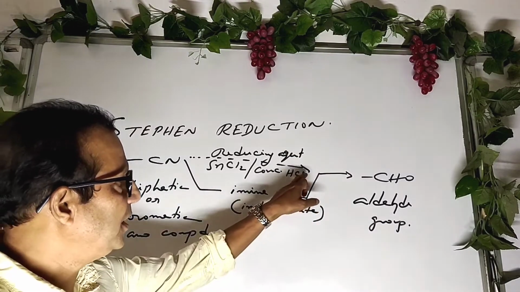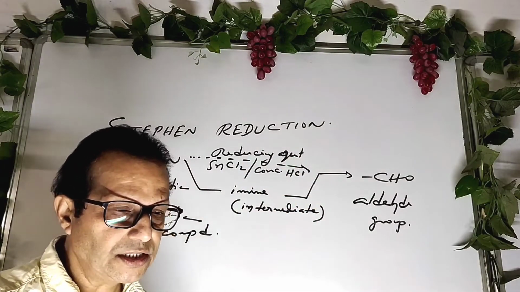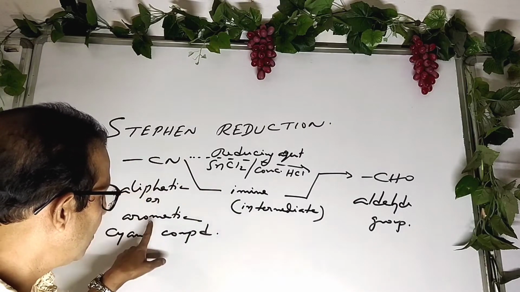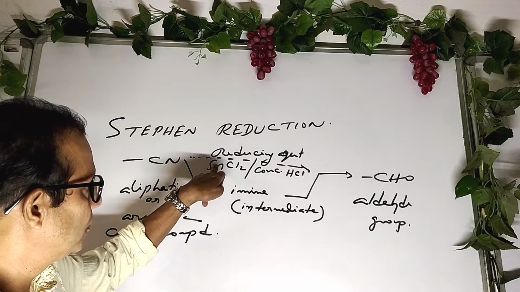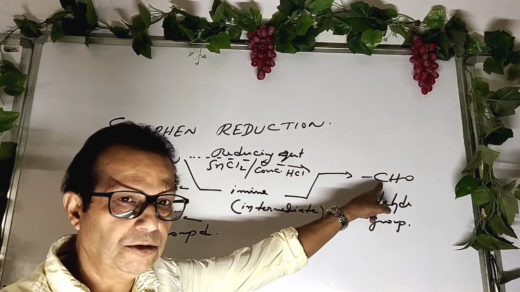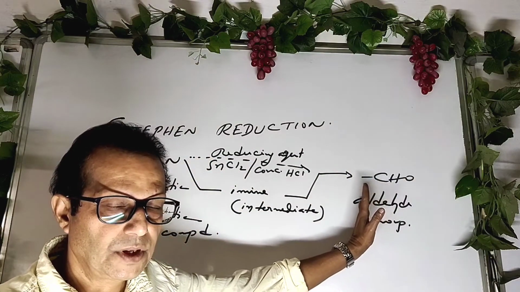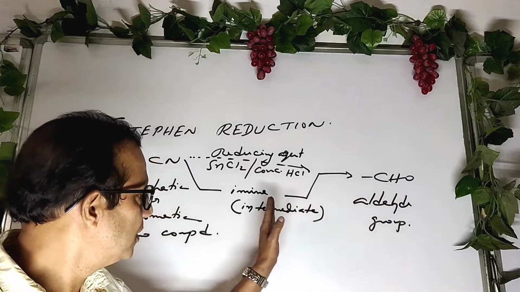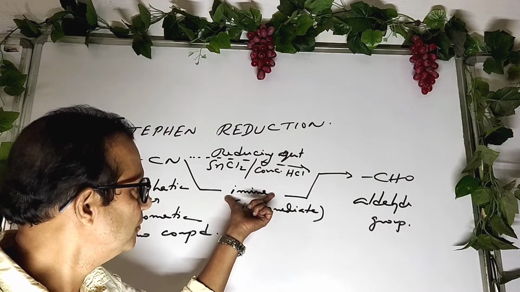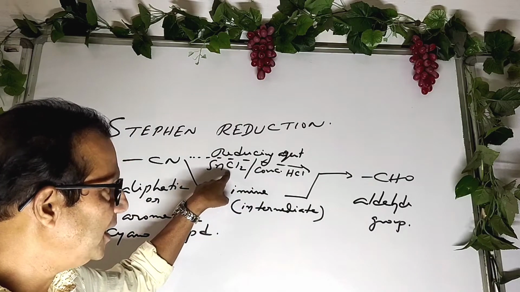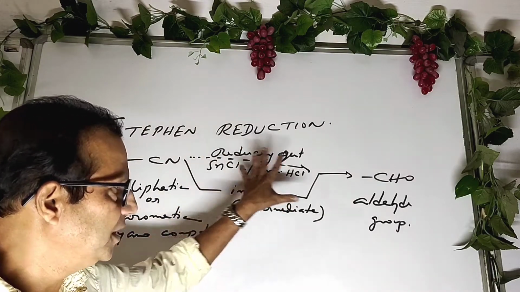So how to remember it? By Stephen reduction, aliphatic or aromatic cyano compound directly changes into aldehydes. During this reaction, one intermediate is formed which is called imine. The reducing agents are tin dichloride and concentrated HCl.